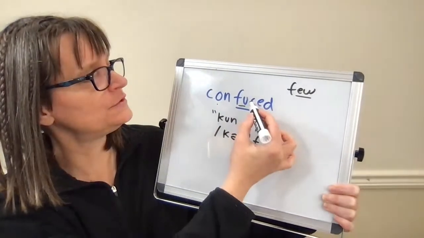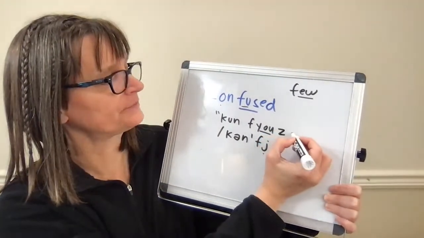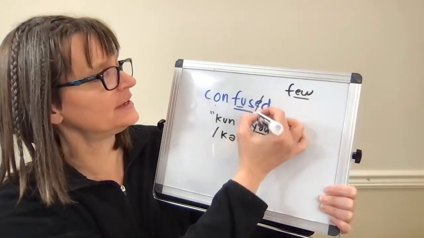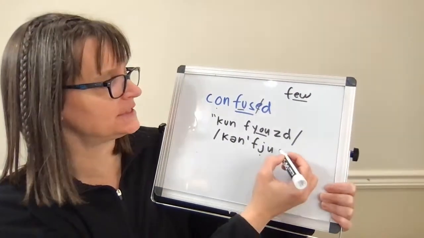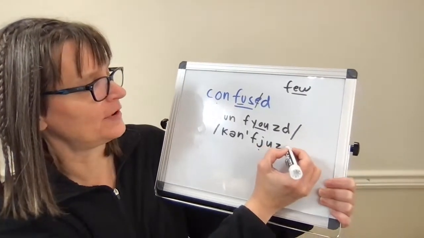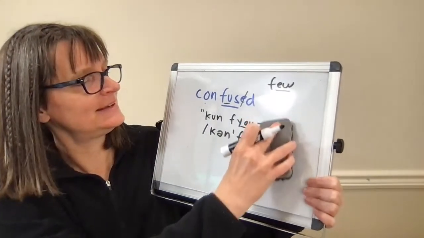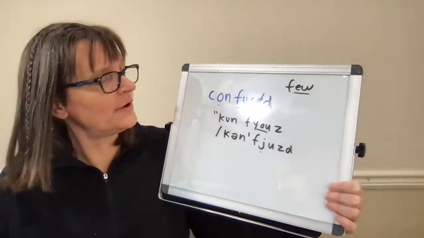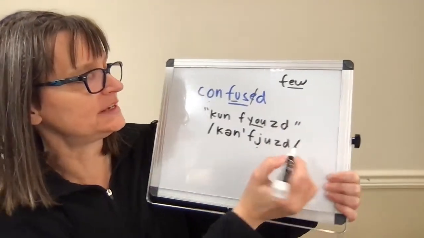And then confused, this letter S says the Z sound, and the letter E makes no sound. We go right from the Z to a D, confused. I'm mixing up where I'm putting what. So my IPA is a Z and a D, although I guess my pronunciation is also going right from Z to D.